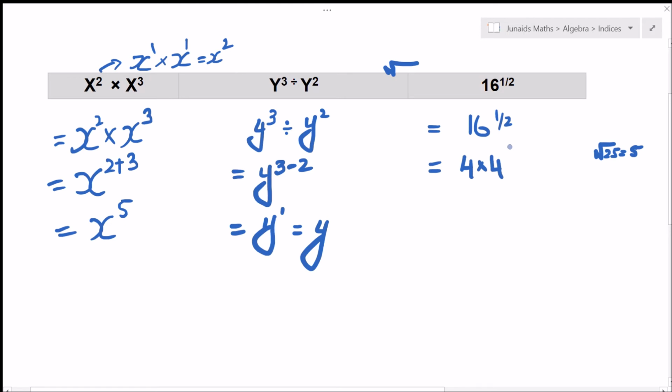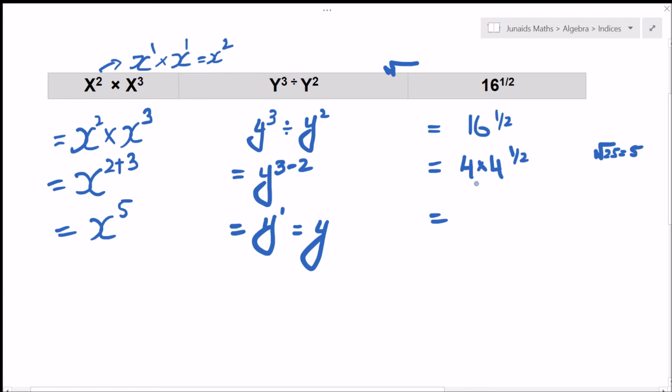Now in this case here, what we have done, we have just converted 16 into its base numbers. Now 4 times 4 is 16. So we have just converted them into the same factors.